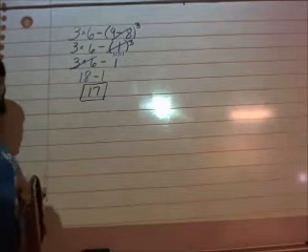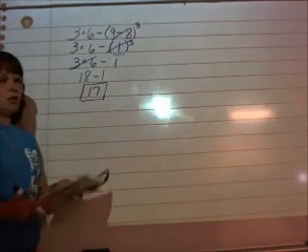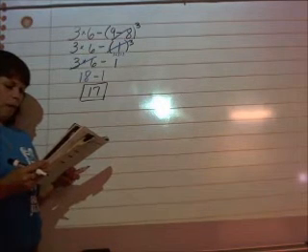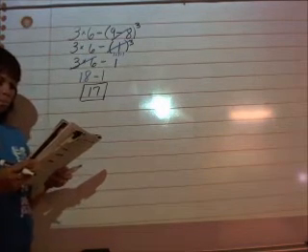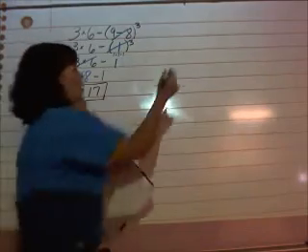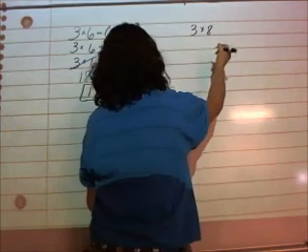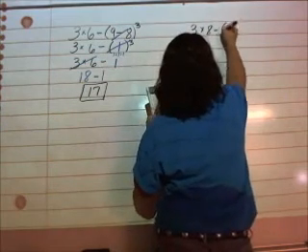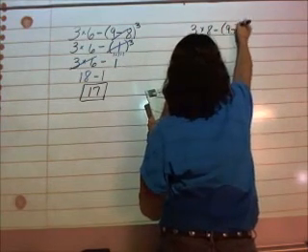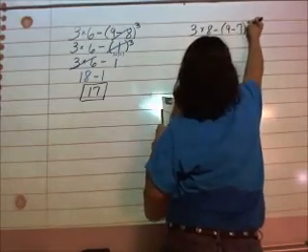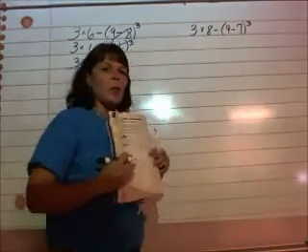Let's try one more, just to make sure that you have it. Let's see, how about 3 times 8 minus parentheses 9 minus 7, close the parentheses, with an exponent of a 3.